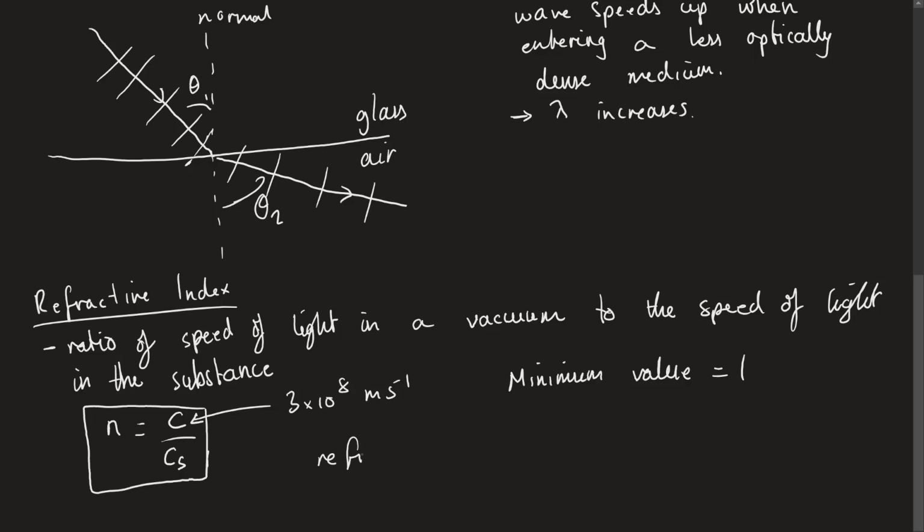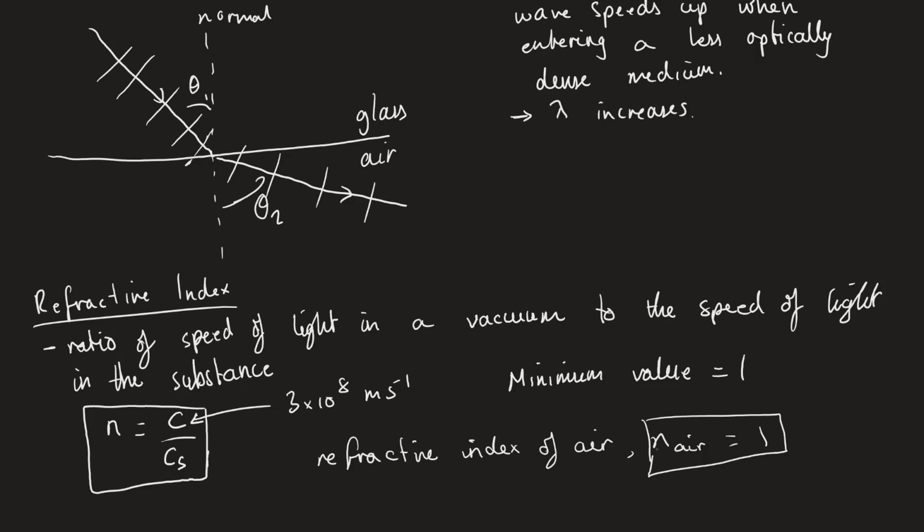Okay, this is something you have to know. Now you might say, well, if that's true, surely then air is a vacuum. This isn't true. Okay, technically this is 1 to 1 significant figure. If we were to round this to a more appropriate degree of accuracy, it would be more like 1.0033.